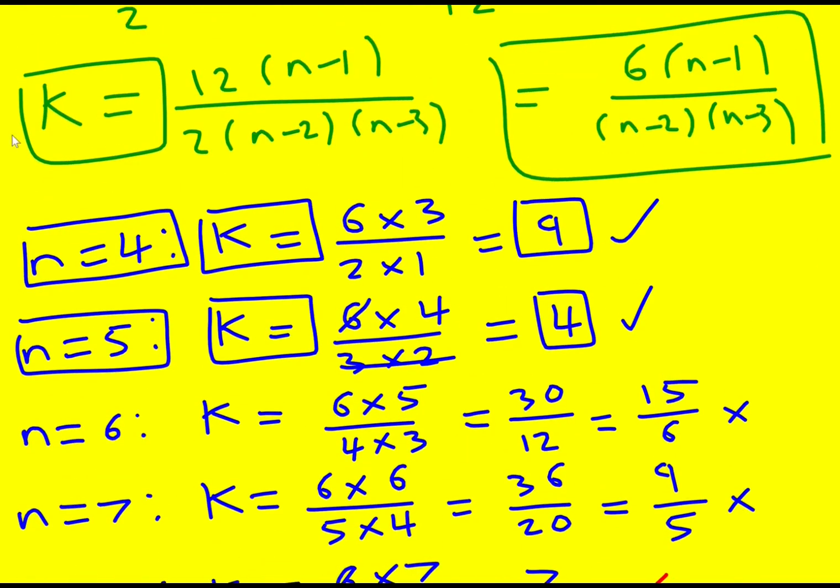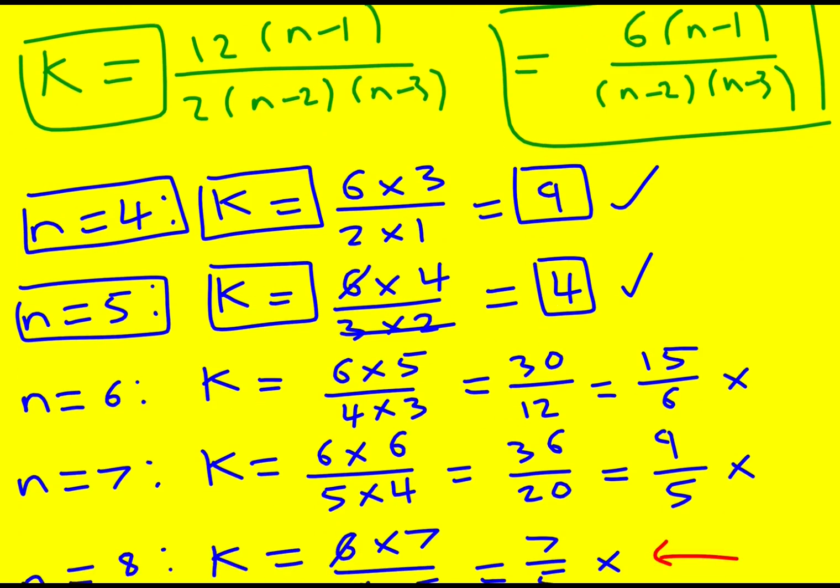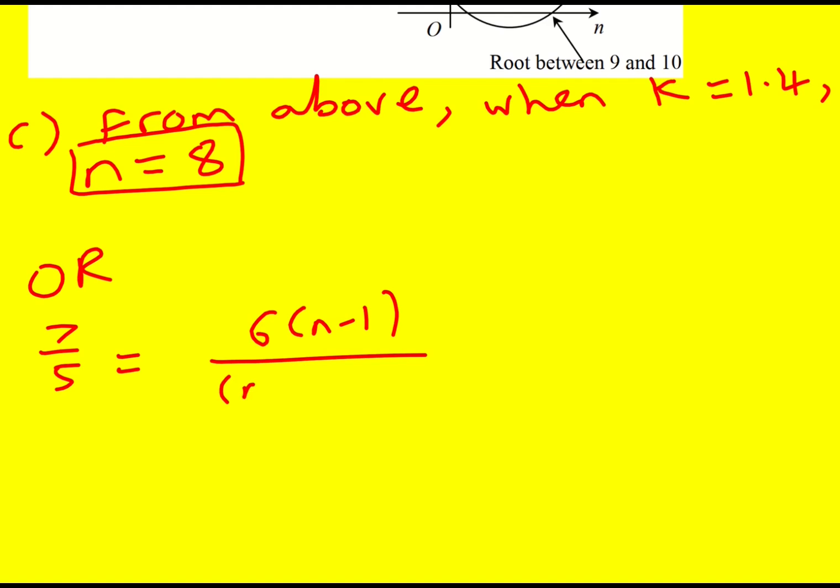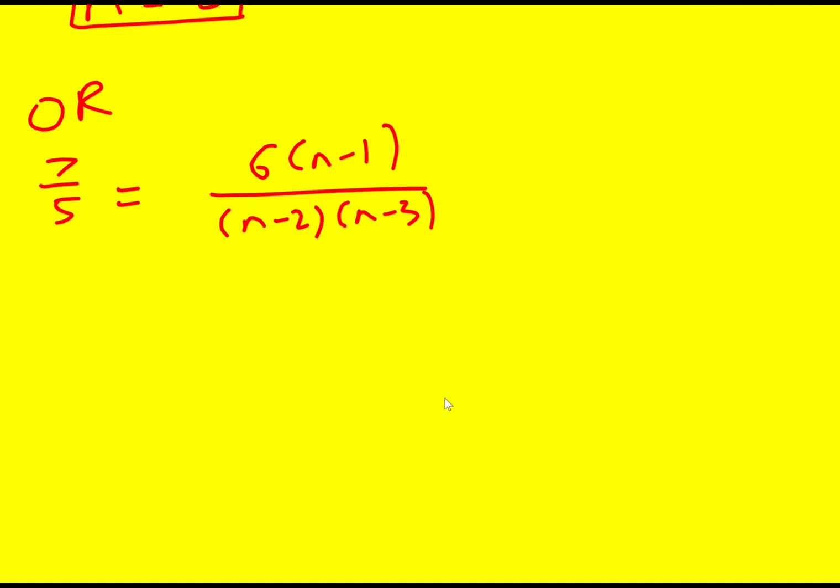We can take that formula that we had between k and n, and now we can replace k by 1.4, or 7 over 5. So now I can cross multiply. I'm going to get 7, n-2, n-3. I'm also going to expand that out. Equals 30, n-1.